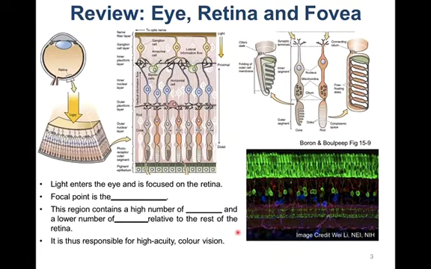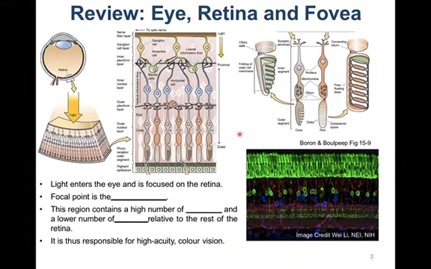All right, so this should be review. We started with the molecular physiology of the retina, and we built on this when we talked about receptive fields last time. But let's just remind ourselves of the important cells that are here. Right? And the path of light, remember, is in this direction. The path of light is going from the pupil towards the back of the retinal pigment epithelium, and signaling is going in the opposite direction.